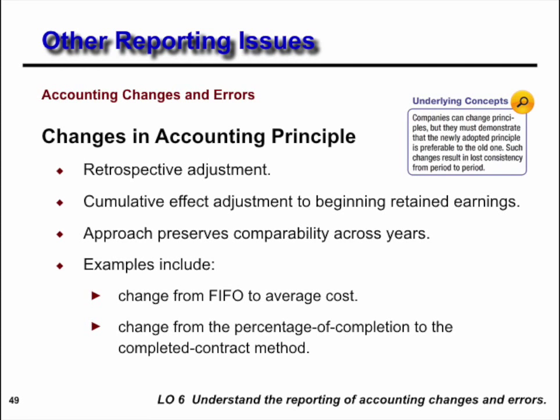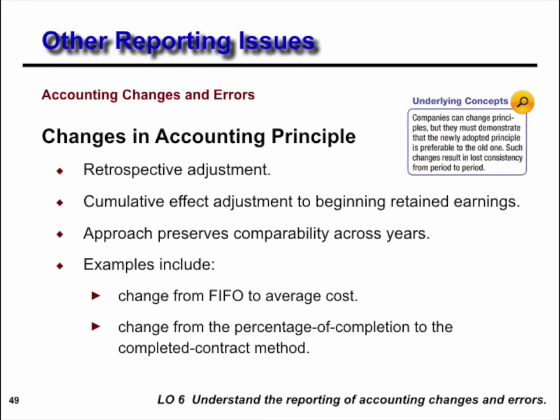Now, types of accounting changes. GAAP establishes the generally accepted accounting principles for the following changes. A. Change in accounting principle: a change from one generally accepted accounting principle to another generally accepted accounting principle that is more preferable.